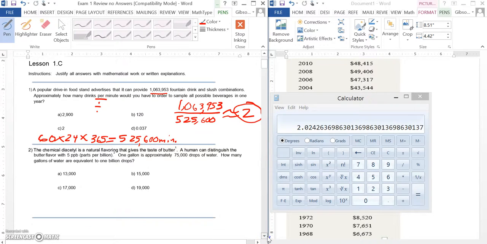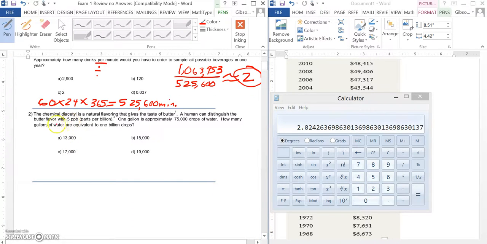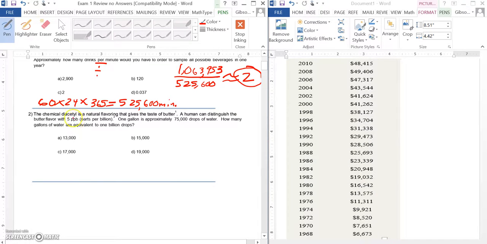So now, we come down here to number 2. It says the chemical diacetyl is a natural flavoring that gives the taste of butter. A human can distinguish the butter flavor with 5 ppb, parts per billion. 1 gallon is approximately 75,000 drops of water.